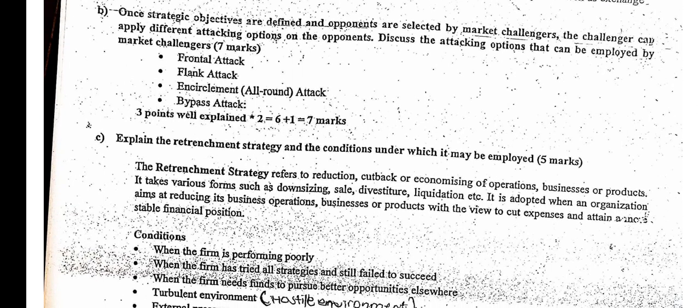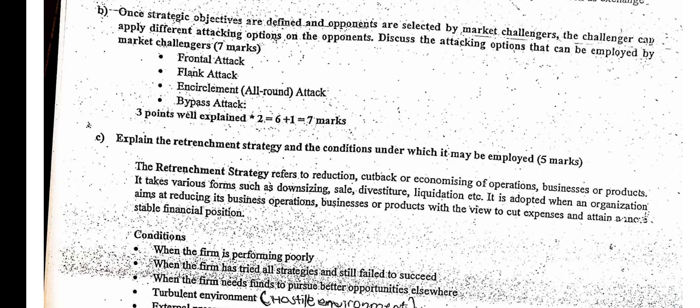Then the next question says, once strategic objectives are defined and opponents are selected by market challengers, the challenger can apply different attacking options to the opponents. Discuss the attacking options. So these are the market challenger strategies. We discussed them in one of the videos. You can go back and watch to be well conversant.